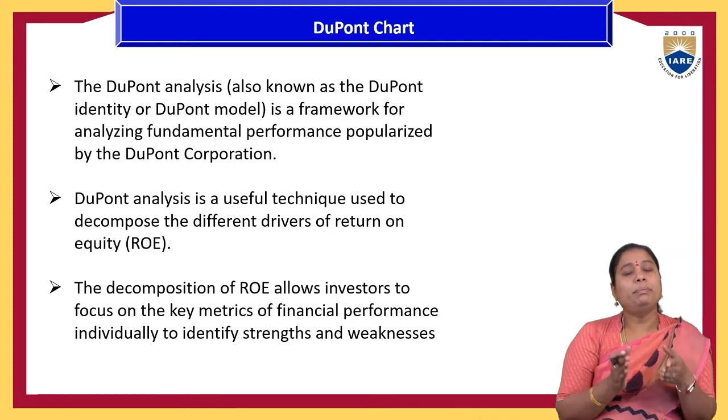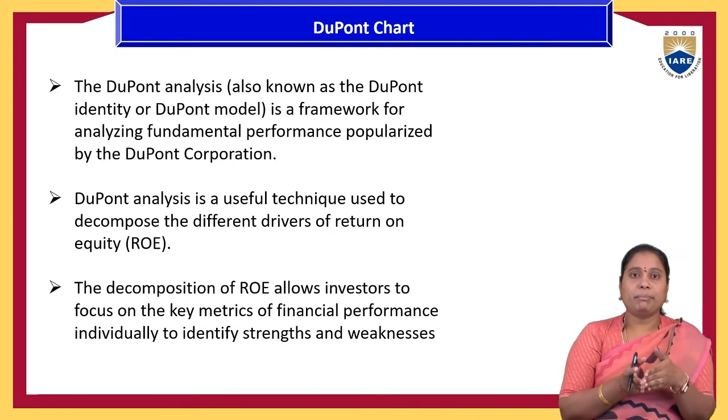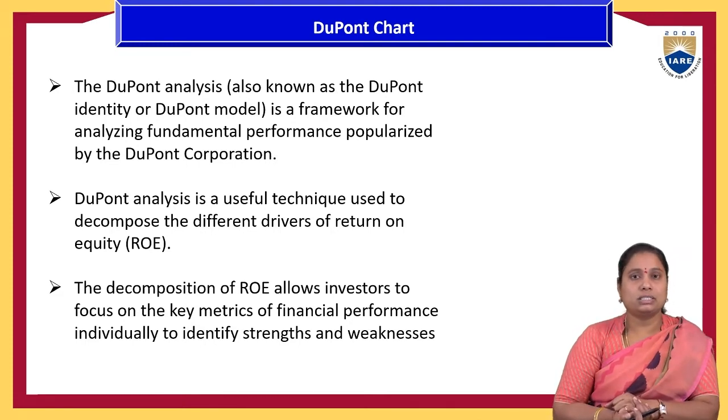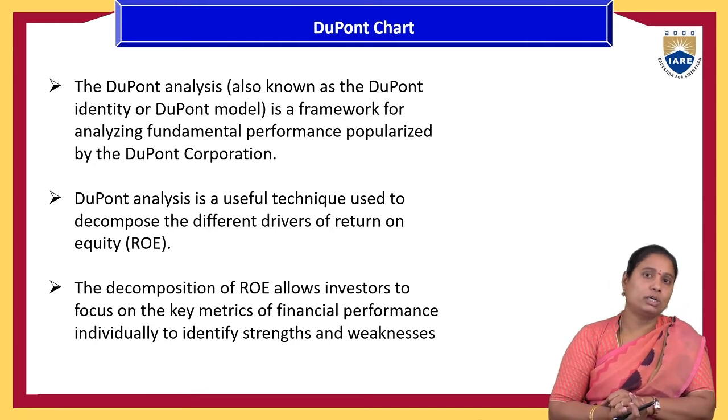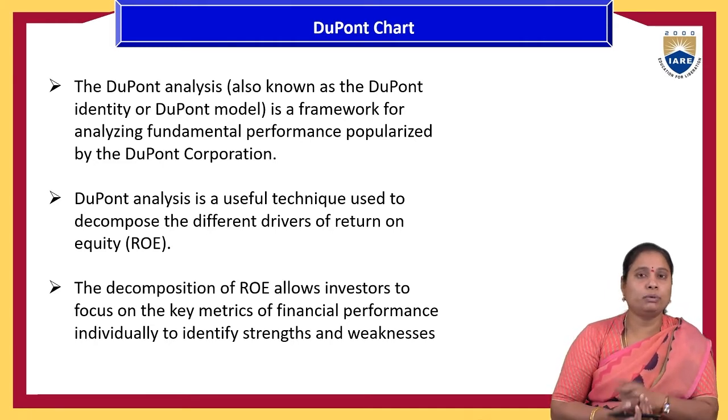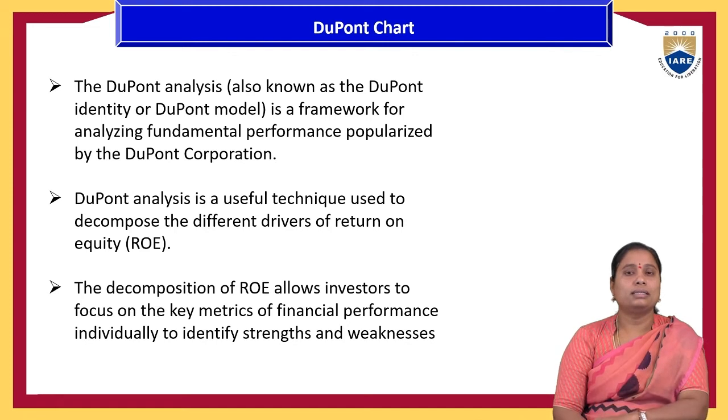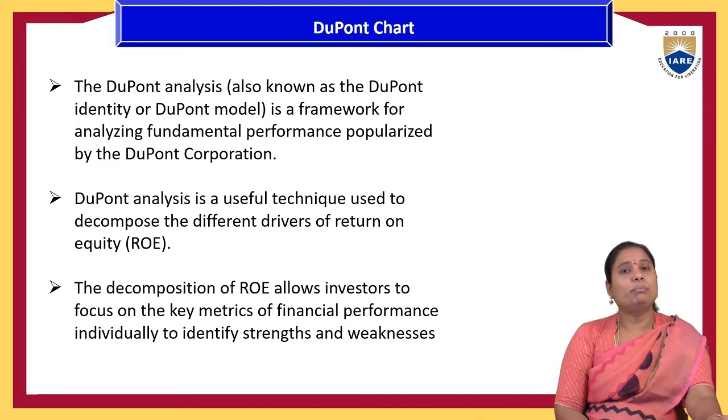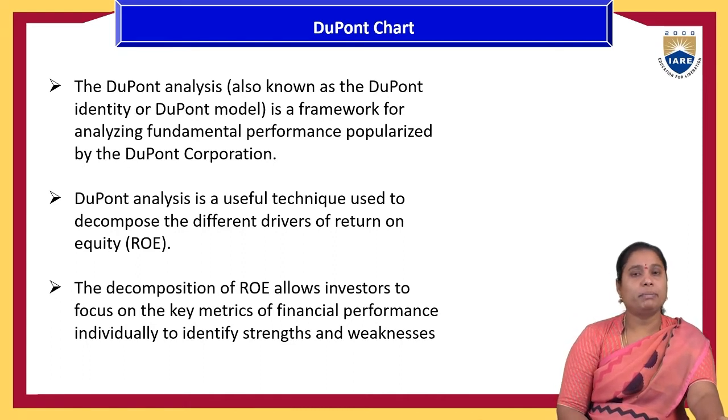Simply, the DuPont chart is a summary of all the ratios verified by the organization, and the interrelationship between one ratio and another gives the overall strengths, weaknesses, opportunities, and threats position of the organization.